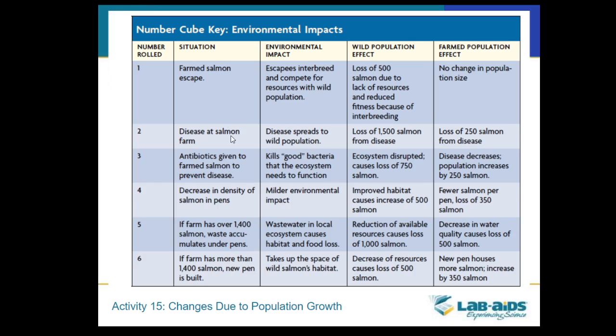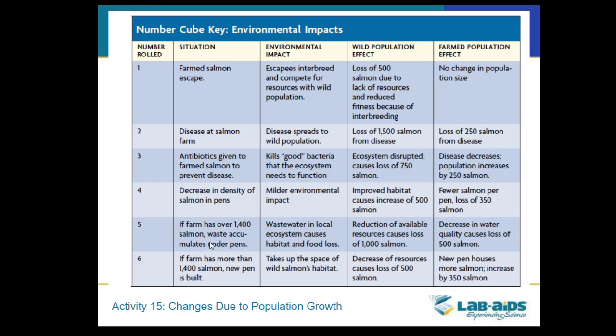There's different options. You could see disease at the salmon farm affects both populations. Antibiotics that we give to increase our farmed population can ultimately disrupt the wild population. The number of fish in the pens has an impact. Actually, that can help improve the wild population.